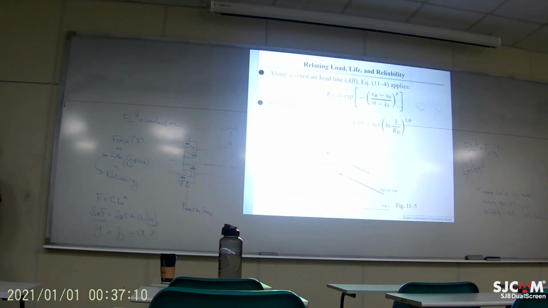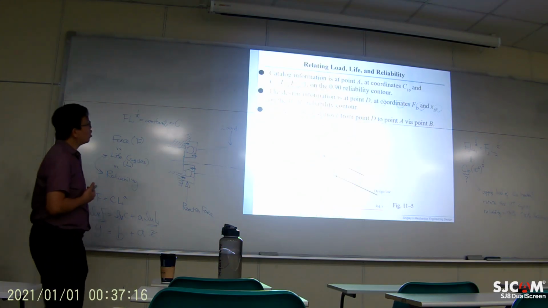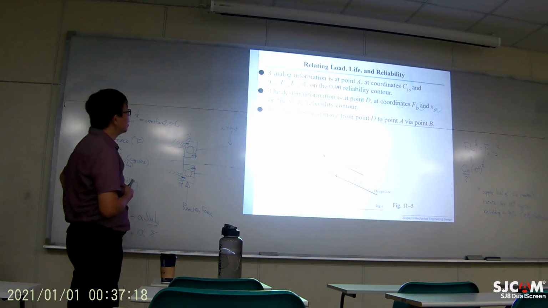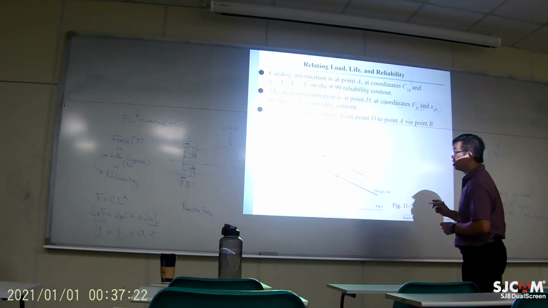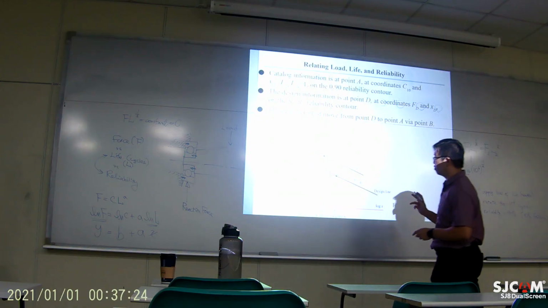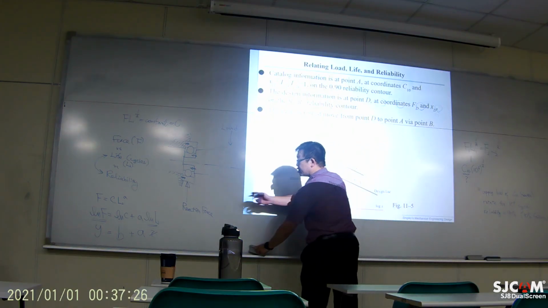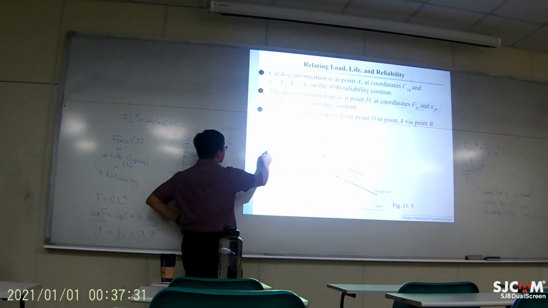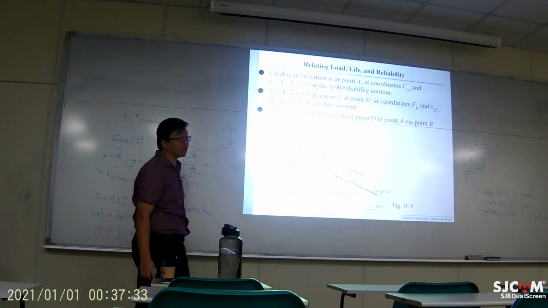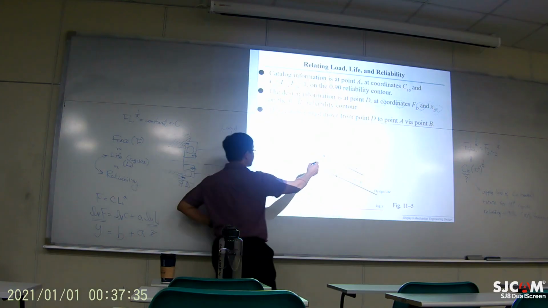Another thing I would like to share with you is this particular drawing. If you now have this relationship, in the log-log diagram, we already showed it's a linear curve. And this is the C10 that you get from the catalog.